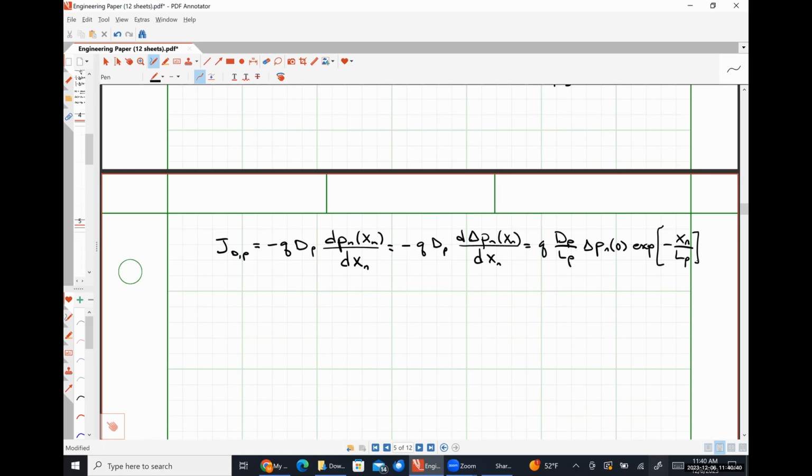No, charge has nothing to do with the probability. This is just 1.602 times 10 to the negative 19. If we look at this dimensionally, this is charge measured in coulombs, multiplied by our diffusion coefficient, which is centimeters squared per second. So now we have charge per second, which is current.